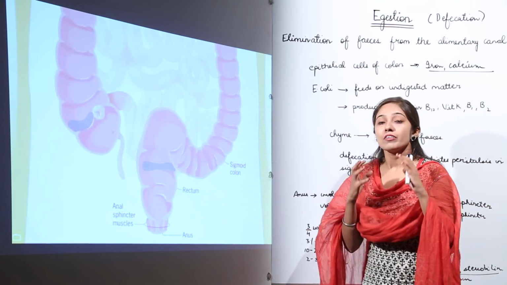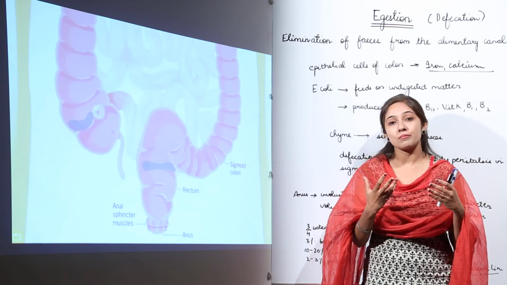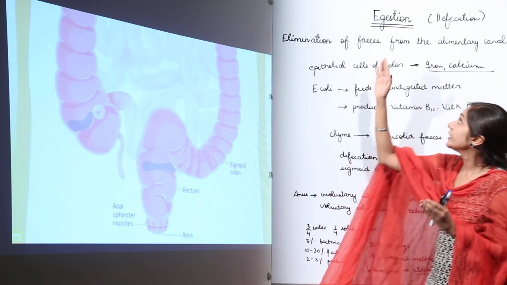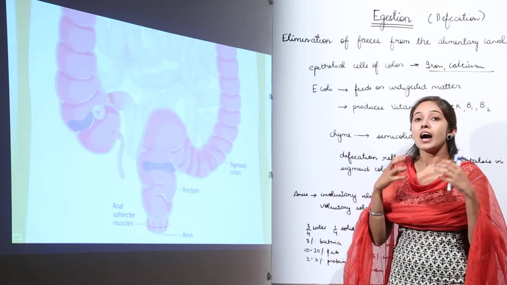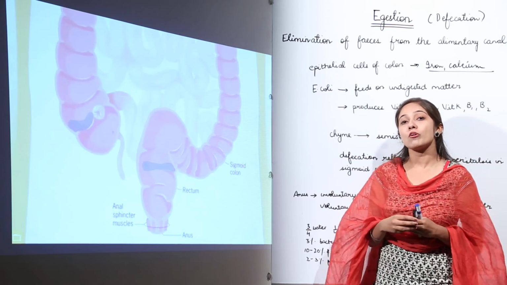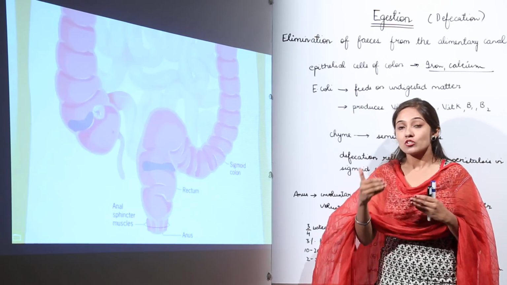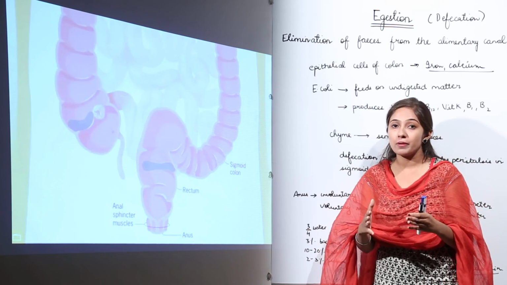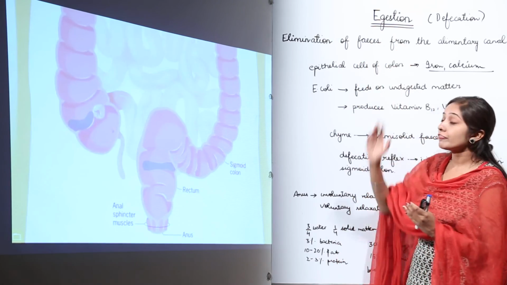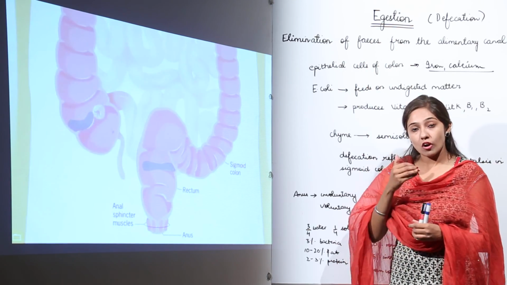This is where the end of the digestive system is. After digestion, absorption, and assimilation, the unabsorbed food in the form of feces is eliminated. So the overall process ends with the egestion or defecation of the feces from the anus.